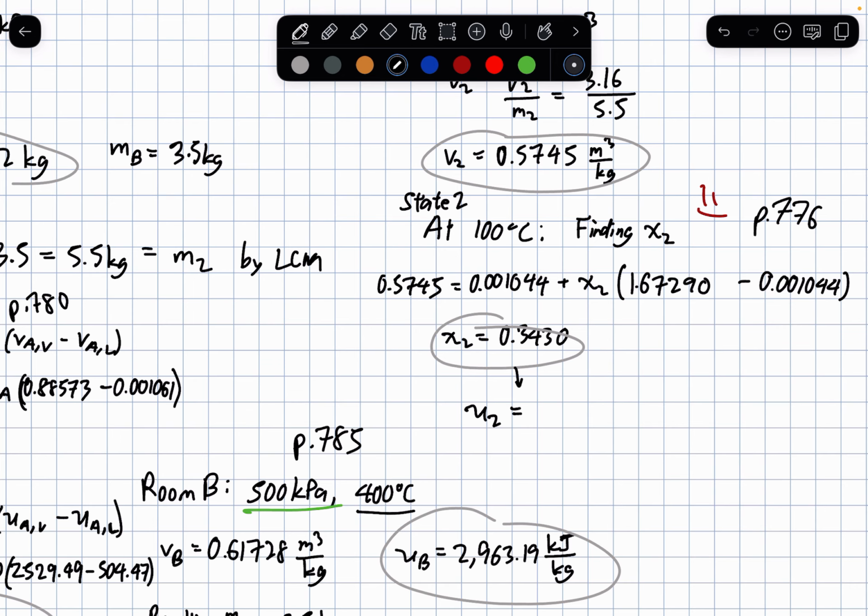Also, at 100 degrees Celsius, internal energy, 418.91 plus 2506.50.